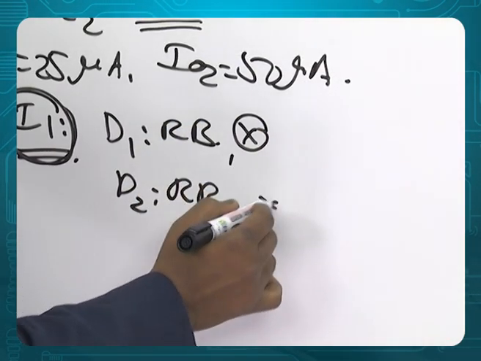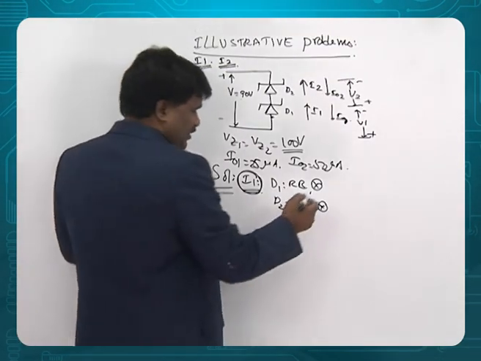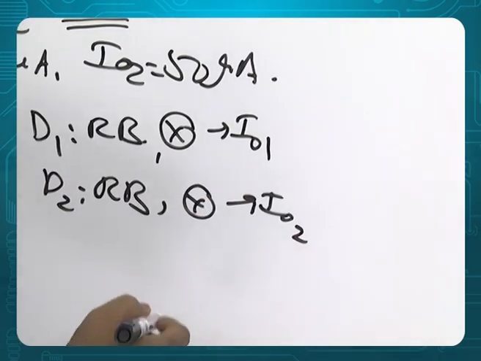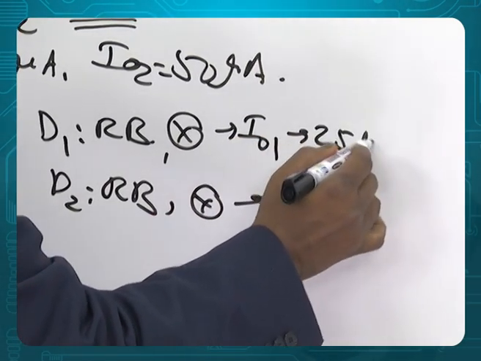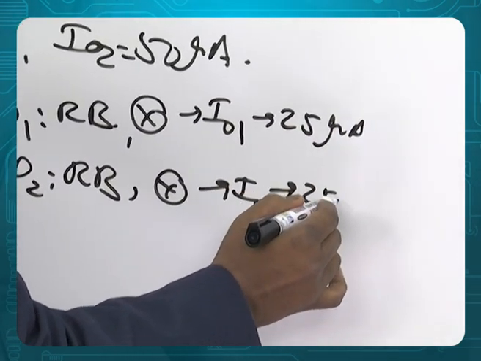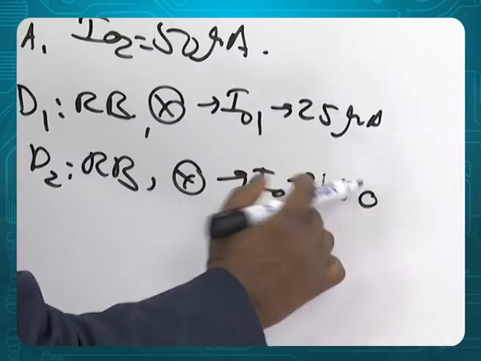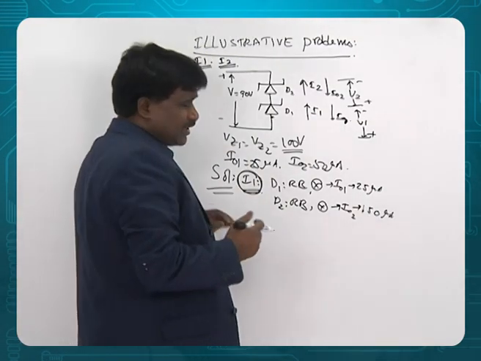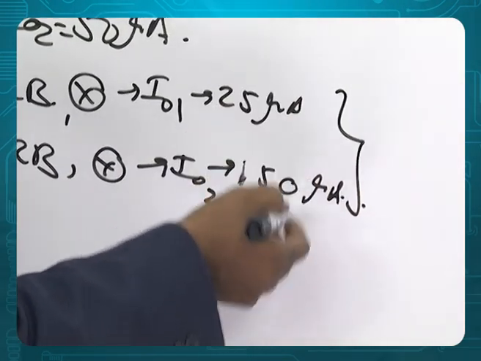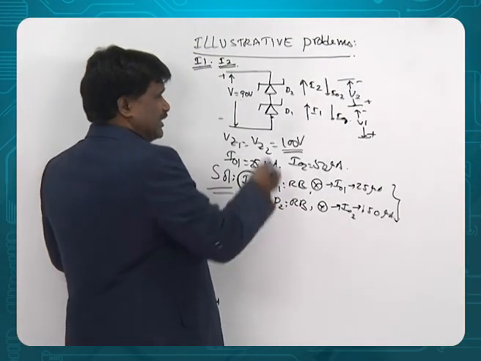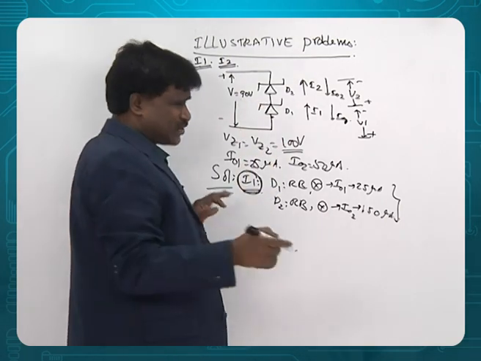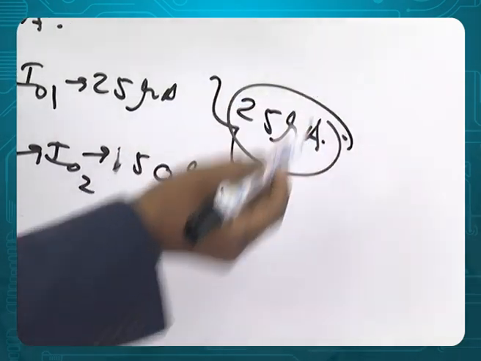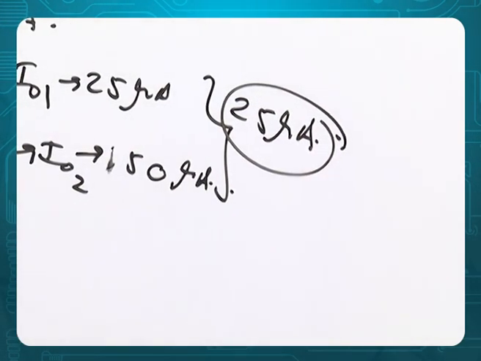It does not break down, so this is I01, this is I02, 25 micro, 50 micro. Now which one will flow? You cannot have two currents in series. A single current flows, which is the least one. So the answer is 25 microamperes.